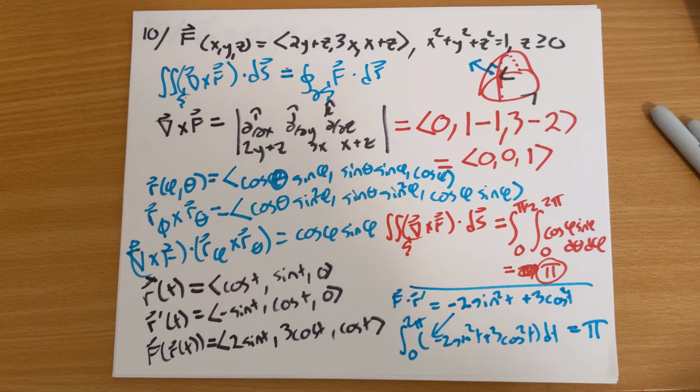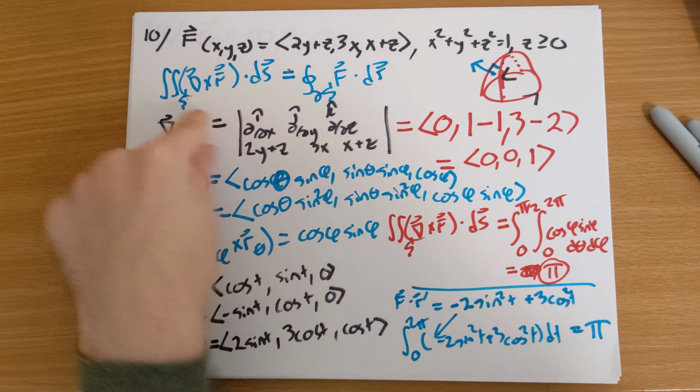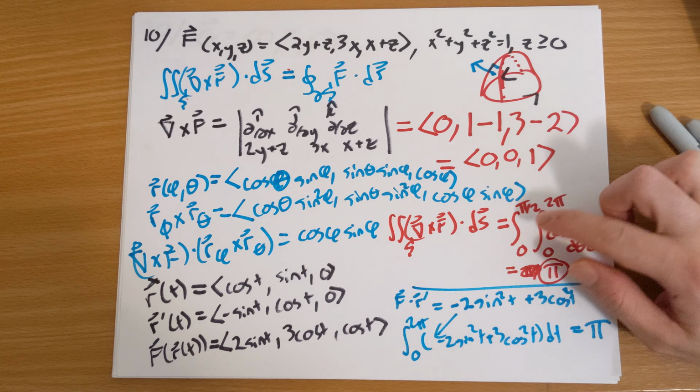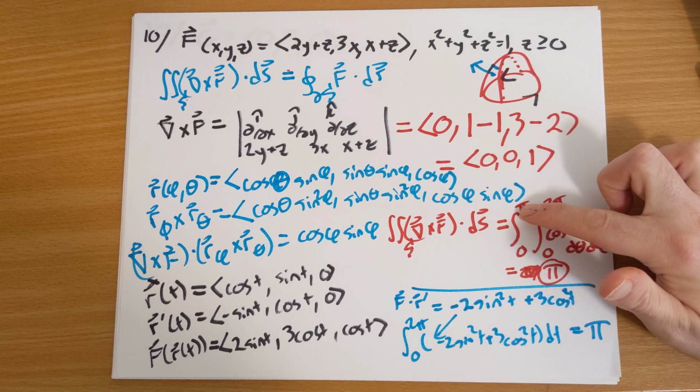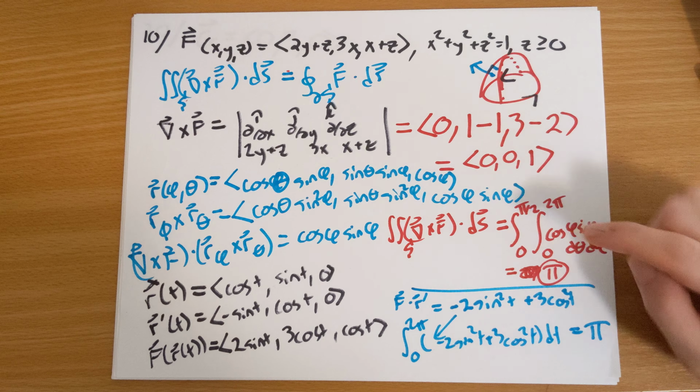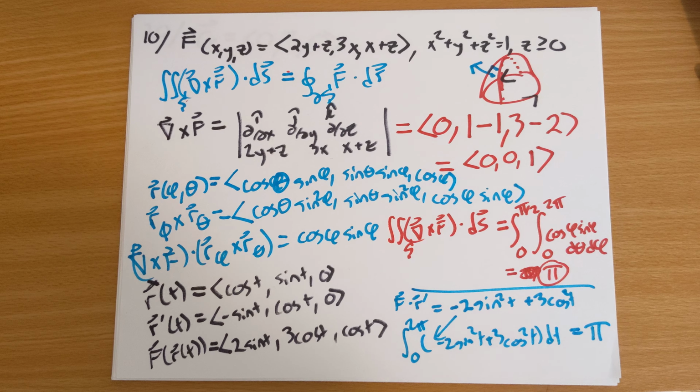Okay, so that is problem 10. It says to repeat the question for the lower hemisphere. Let me just comment on the only things that change. Both sides end up as negative pi. For the flux of the curl of f, the only thing that changes is that our bounds on phi would be from pi over 2 to pi, instead of from 0 to pi over 2, and that change makes this negative pi.